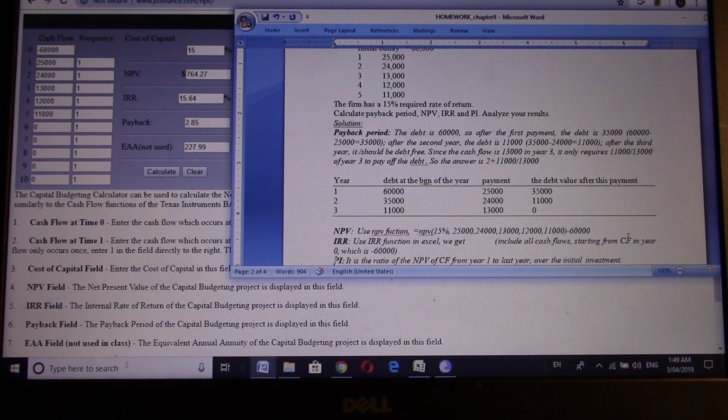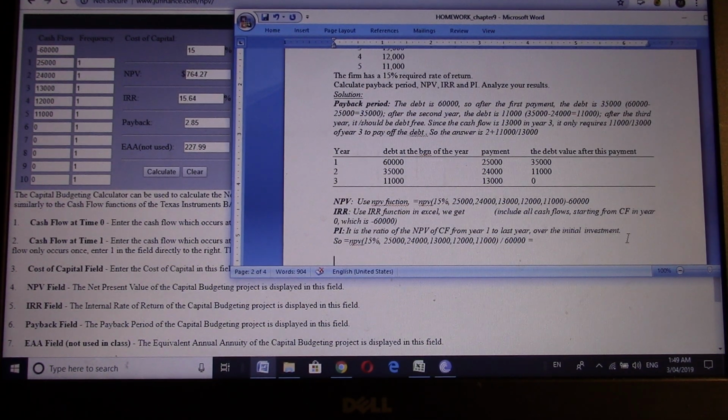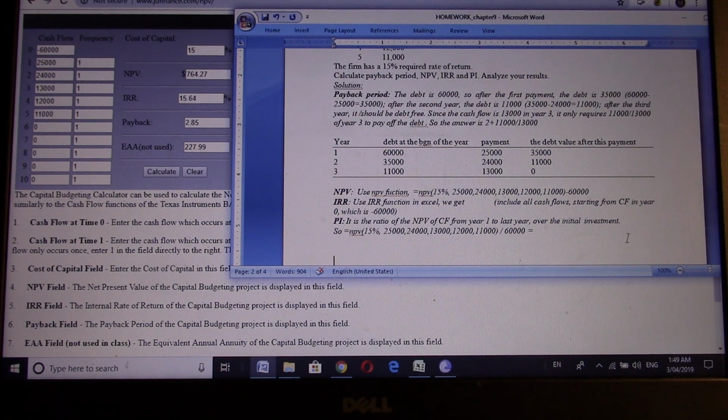So you see, I'll repeat the steps for the payback period like I did in question number 1 here. So you see in year 3 your debt is $11,000, but you make $13,000 in year 3.